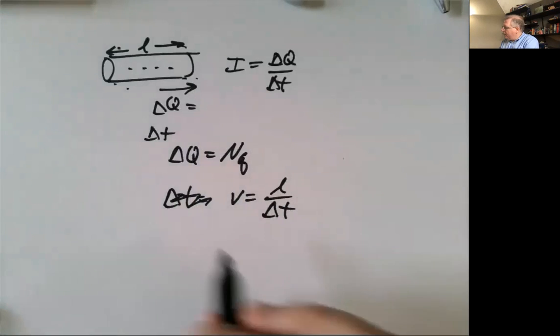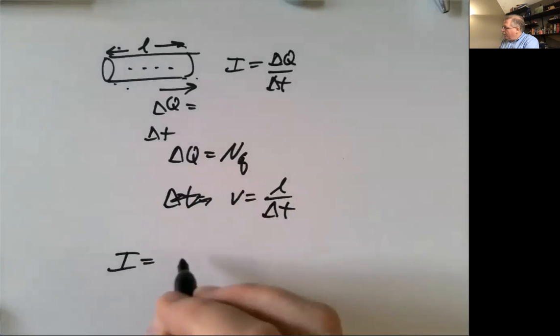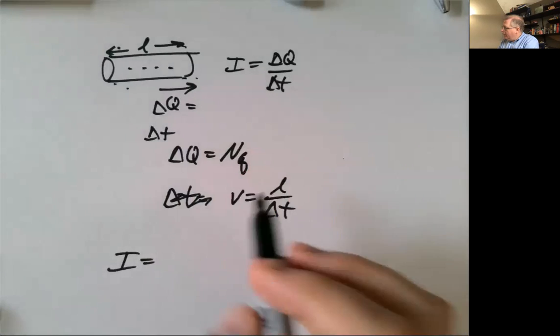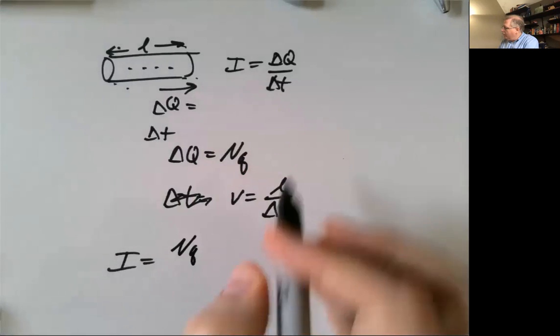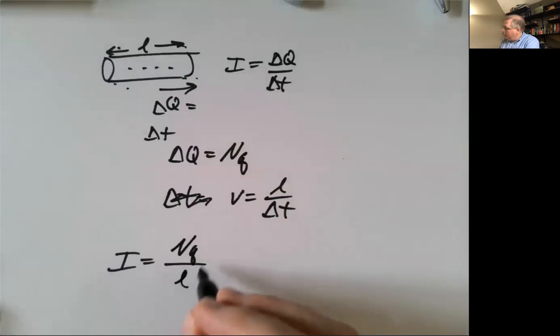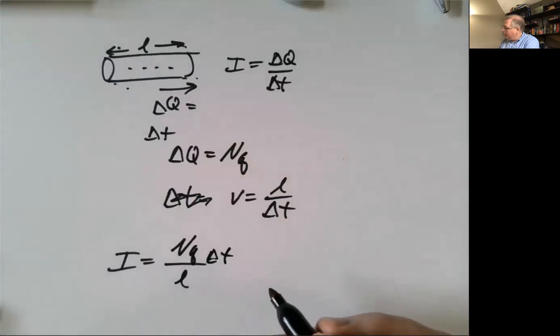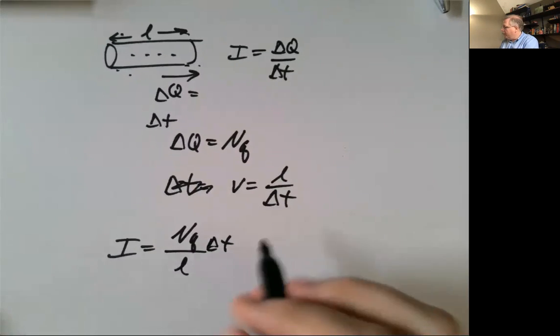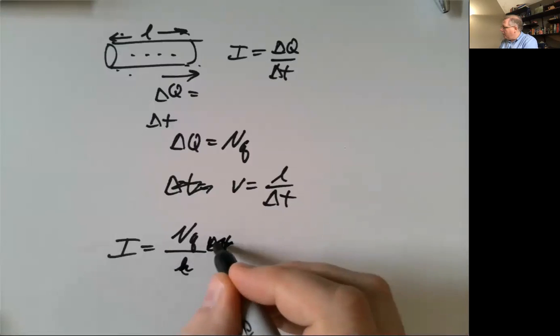So that means the current is going to be N delta Q over delta T. Or sorry, that's wrong.